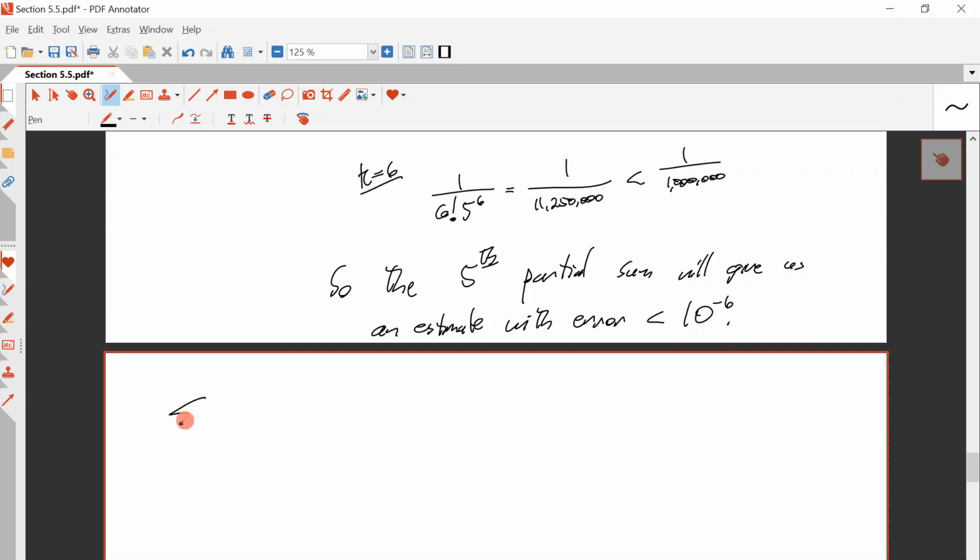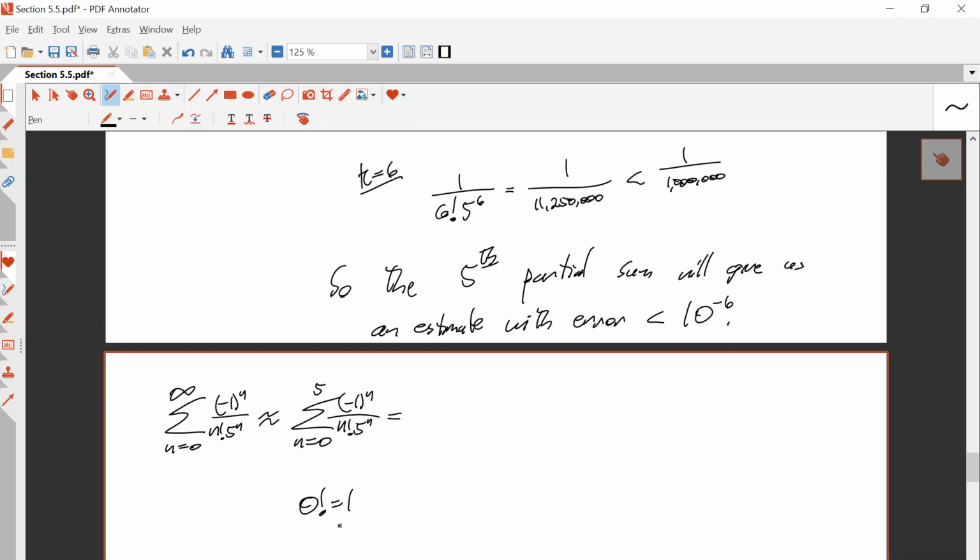Alright, so the sum n equals 0 to infinity of minus 1 to the n over n factorial 5 to the n is approximately equal to the sum n equals 0 to 5 of minus 1 to the n over n factorial 5 to the n, which is equal to, so n equal to 0, by the way, 0 factorial is 1.